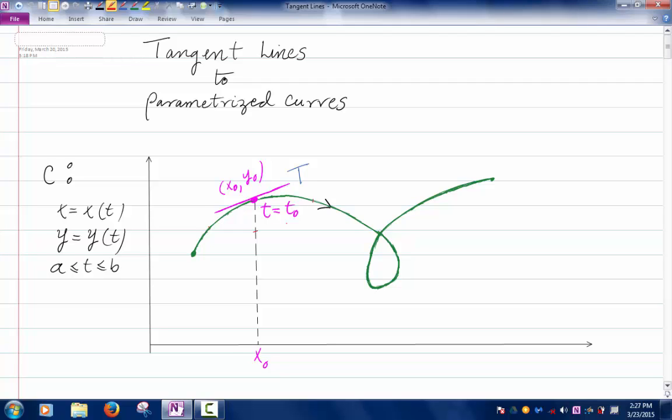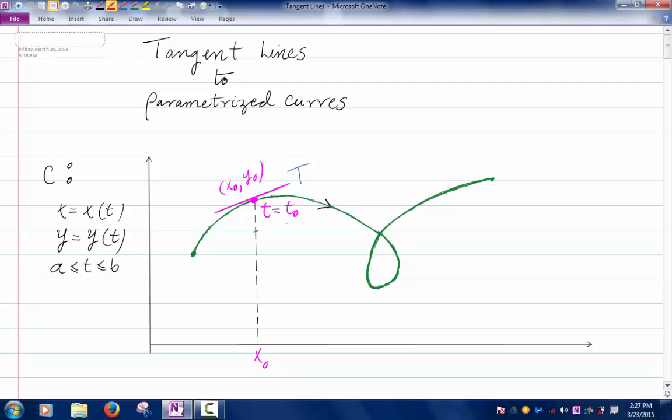Okay, you can have an infinite interval for t. Now, the question that I'm trying to ask here is, let's pick a point on the curve. Let's call that point x0, y0. So I'm fixing a point x0, y0 on the curve. And let's say we obtain the point x0, y0 at the time t0.